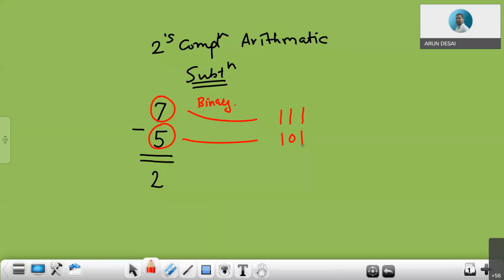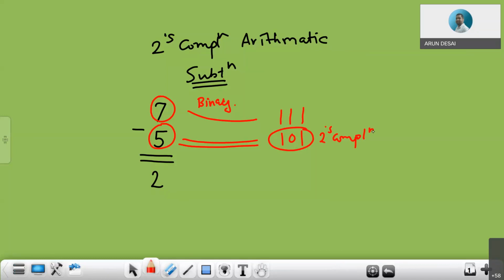Now in two's complement arithmetic, 7 is called the minuend, whereas 5 is called the subtrahend, right? It is quite a difficult word, but it means the second number, the number which is being subtracted from the first number. In that case, you need to find the two's complement of that number, right? So this is your binary equivalent for 5. What is two's complement, or how can you find it?